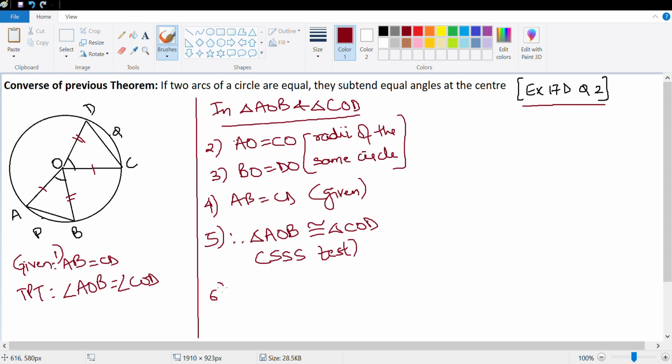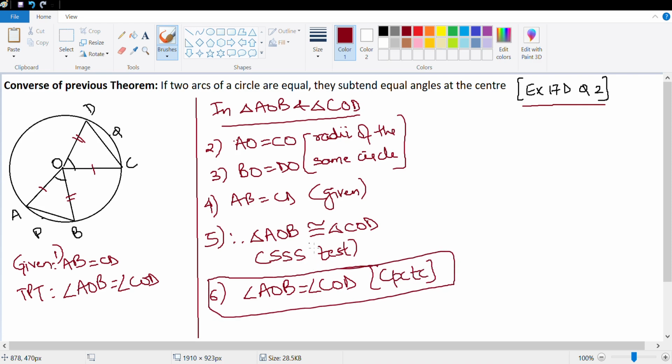What this gives me is angle AOB is equal to angle COD. This is CPCTC. So that's what we needed to prove, that if two chords are equal, then they subtend equal angles at the center of the circle. Good. We'll use this a lot in this exercise.